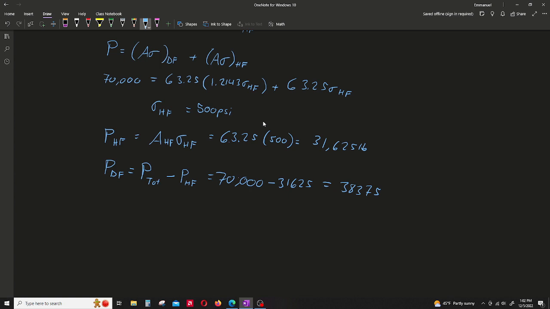Alrighty, that was 14, so we can go to 15. And what is 15? 15 says, for the short column shown, assuming the lateral buckling is prevented, calculate the magnitude of the axial load P that will cause the total length of the member to decrease by 0.01 inches, and then calculate the compressive stress in the steel. So let's get this image drawn here.